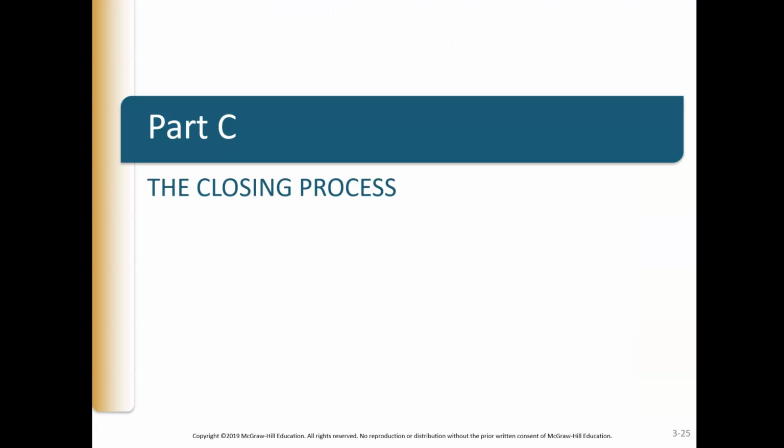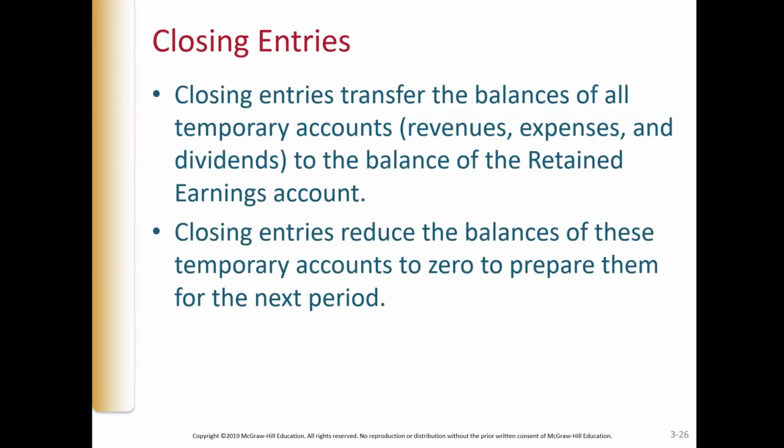After you do all of that, we have the closing process. So closing entries transfer the balances of all the temporary accounts. And temporary accounts are revenues, expenses, and dividends. That's it. And it transfers those to the retained earnings account.